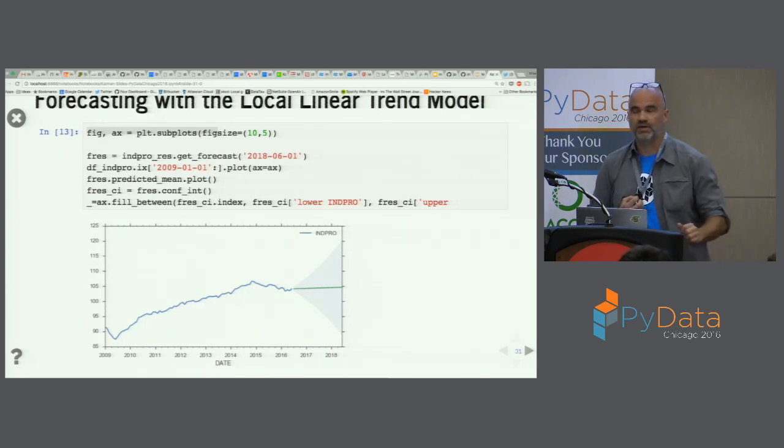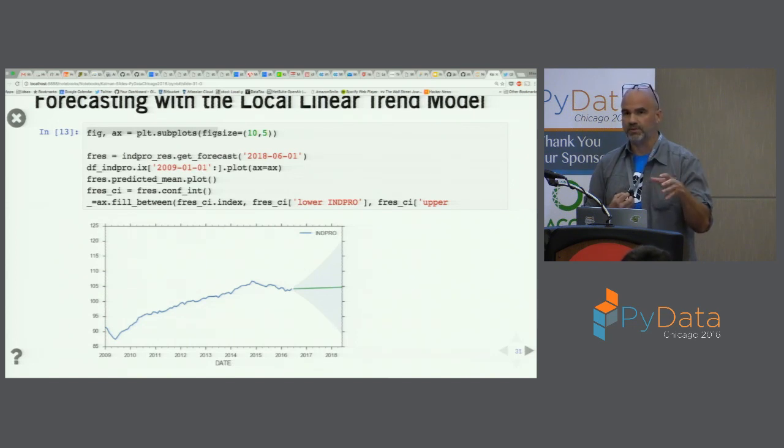I'm not sure if you can actually see it here, but when you do forecasts with this local linear trend model, what you basically end up with is a line with more or less constant slope. It's kind of hard to see the slope here, but there is in fact a slope. And again, the Kalman filter at this stage, since our T matrix and Z matrix don't vary with time, will have reached a steady state.